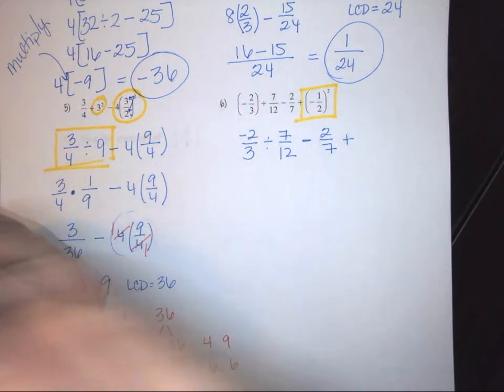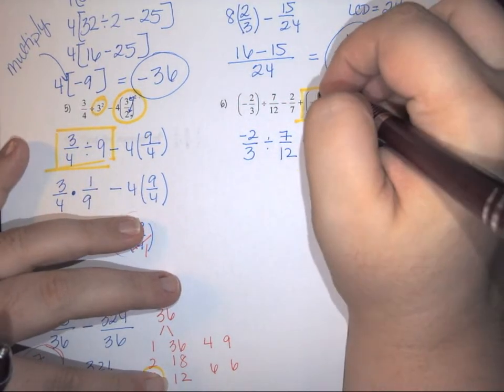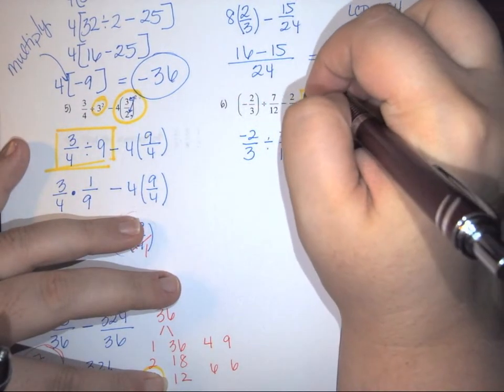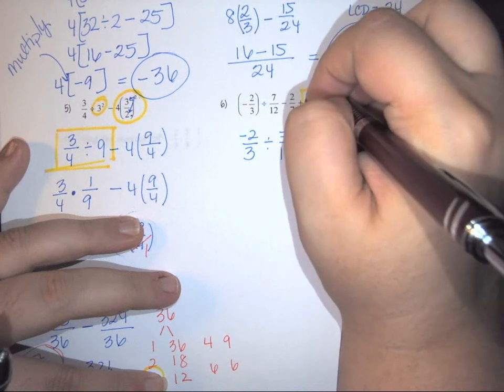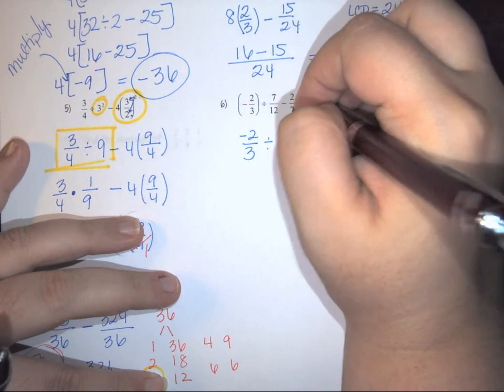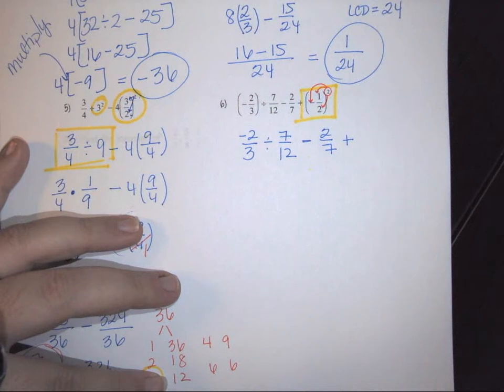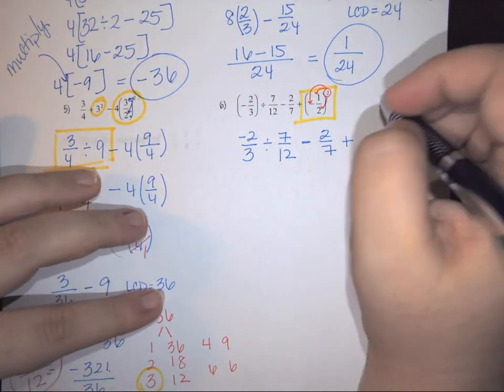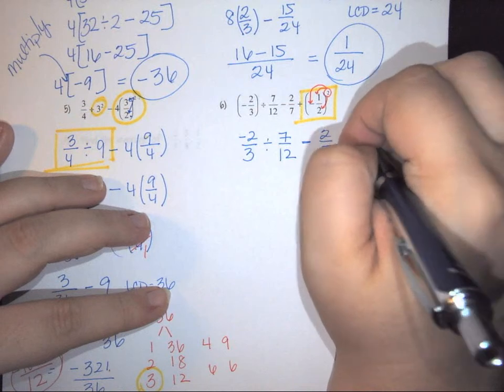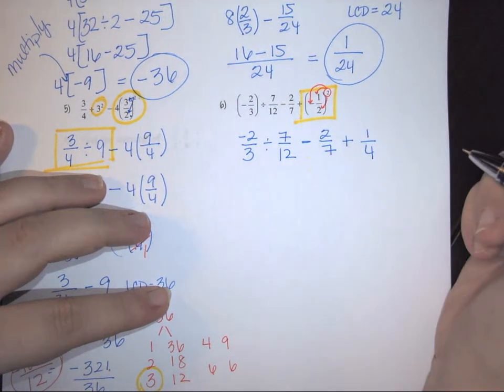When we're talking about our exponent, this value is going to apply to the 1, it's going to apply to the 2, and it's going to apply to the negative. So negative times negative is positive. 1 squared is a 1, 2 squared is a 4.